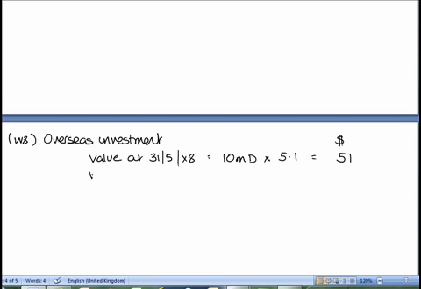The value at the 31st of May X9 is 7 million dinars times 4.8, which is 33.6.